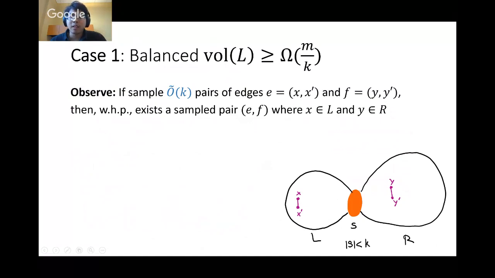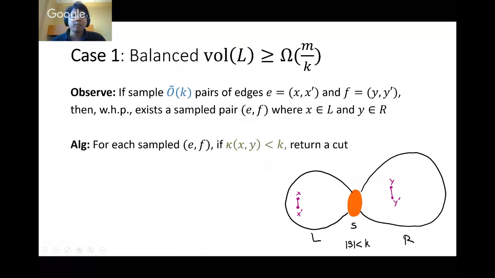This is really because the volume of L is at least M over K, and R is at least M over 2 or something like that. So if you do this K log n sampling, then with high probability, one of the pairs will be on different sides of the cut.